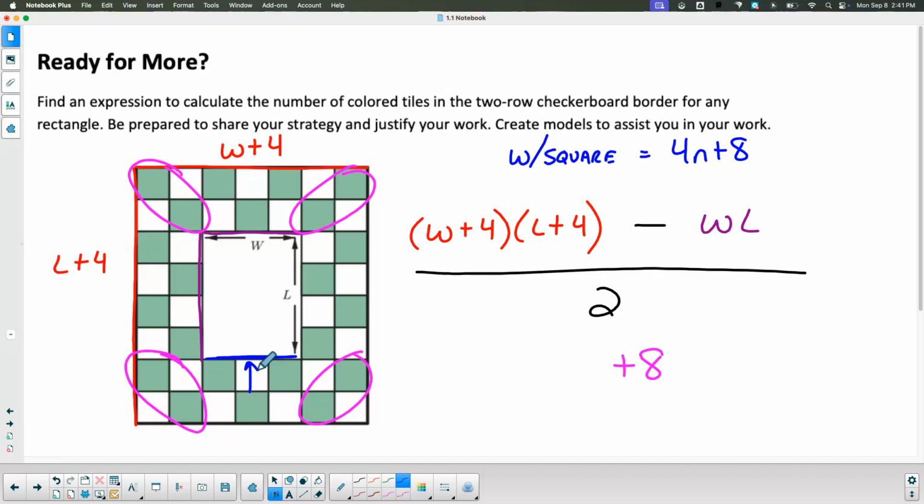So that blue side, how many squares do I need for this blue side right here? I need W squares right there. Which means I need how many up here? W. I need W up there. So how many squares total is that? 2W.